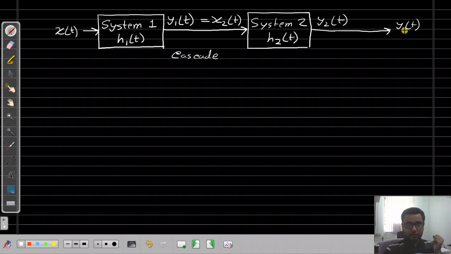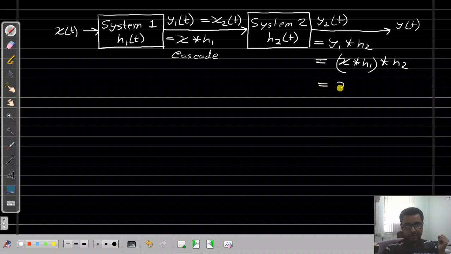Now how will this output look like? So for that, let me first write y1 as x star h1, and then y2 is same as y1 star h2. So this is equal to x star h1, that is the input here, star h2.